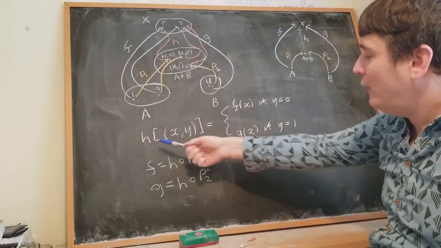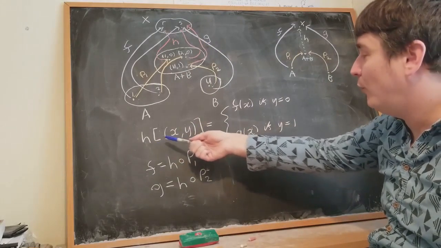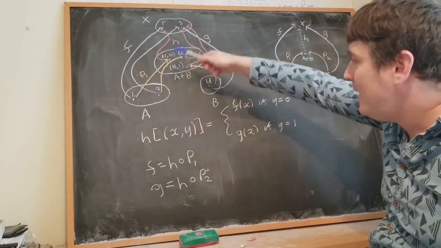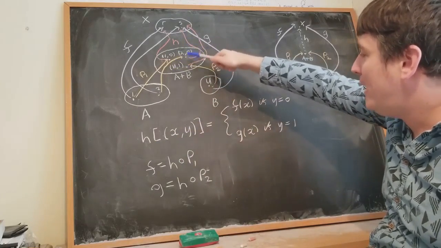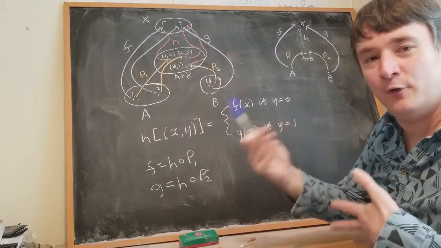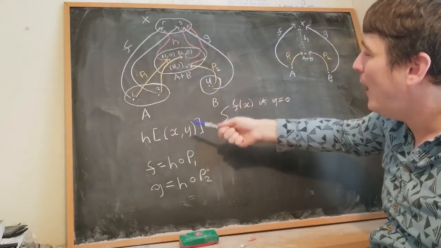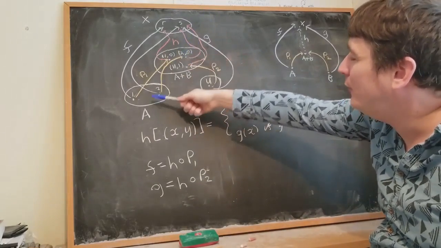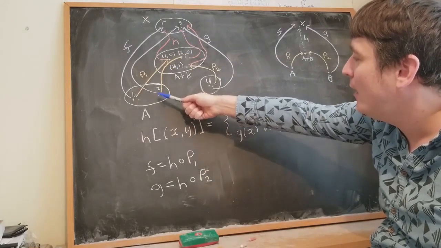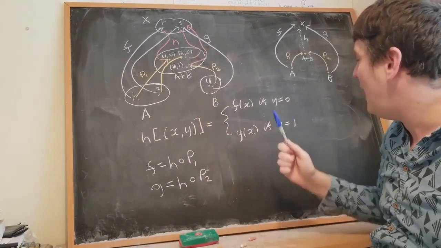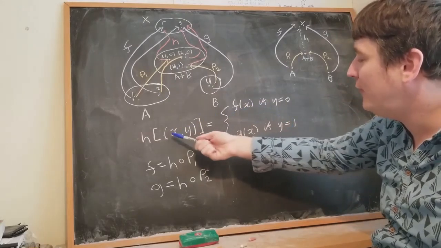Well, suppose we had an element (x, y) in here, and let's suppose, without loss of generality, that y was 0. So we'll suppose that it came from this set A. Then we'd better apply f to its first entry.